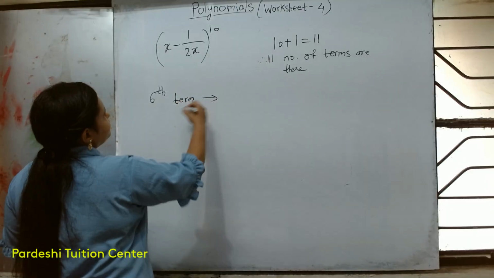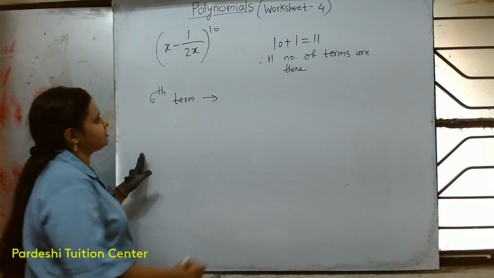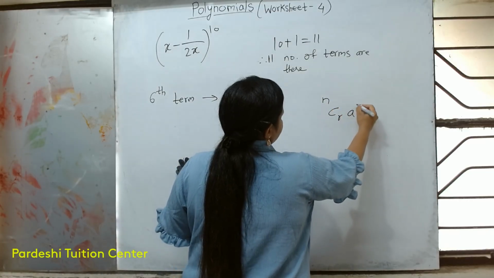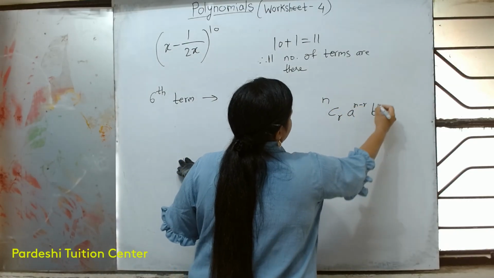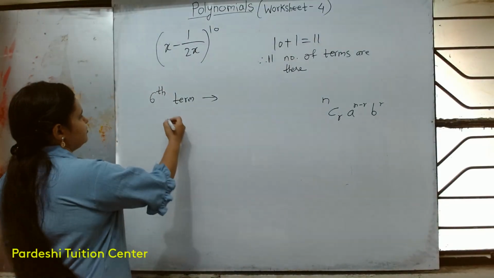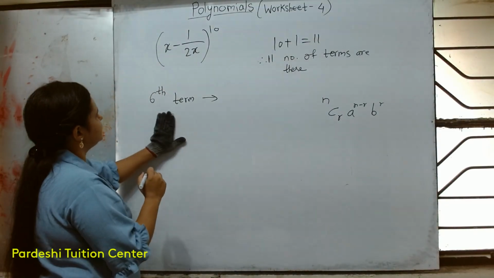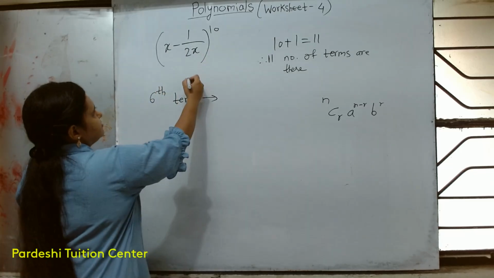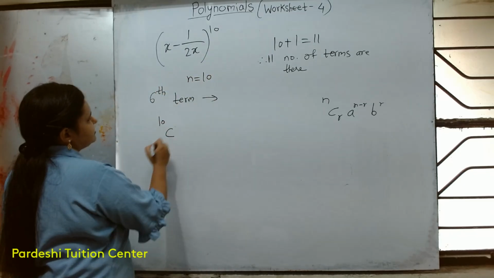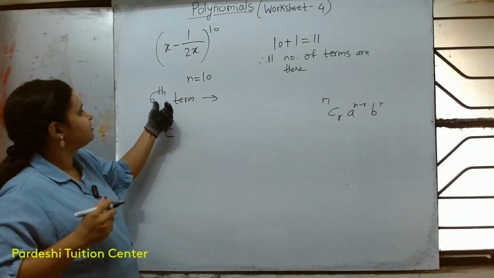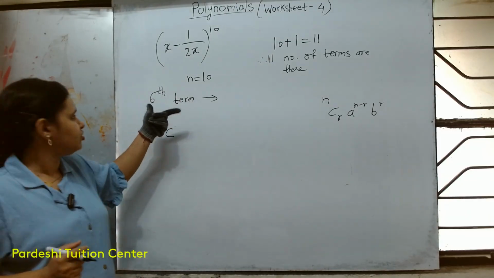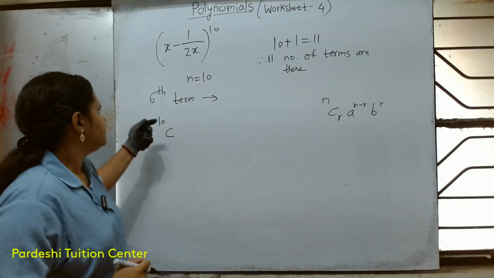So for the sixth term, what was the formula? We have just taken nCr, a to the power n minus r and b to the power r. So for the sixth term, what is here? n is 10, the power is 10, so n is 10, so it will be 10C. Now r is the term number minus 1. I have just told you in the previous example.